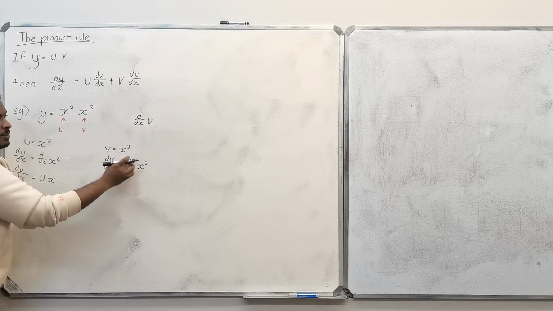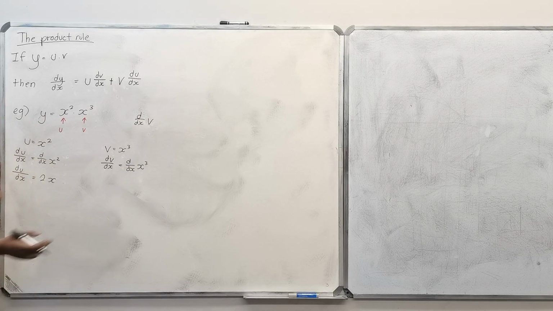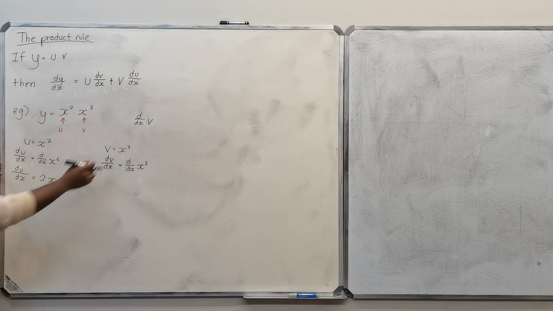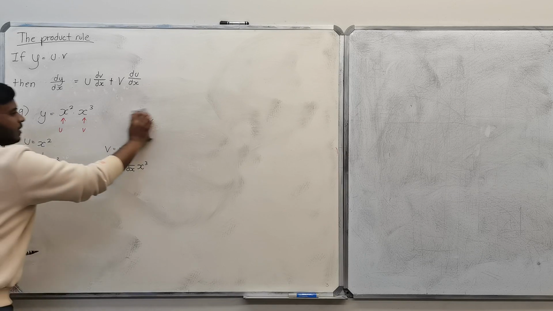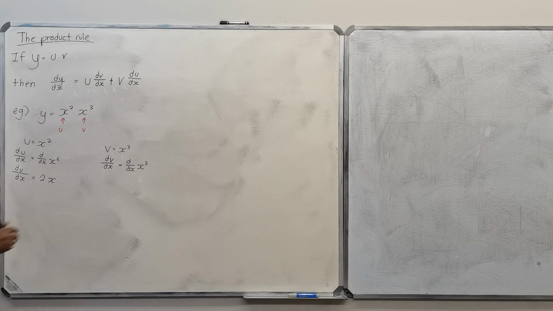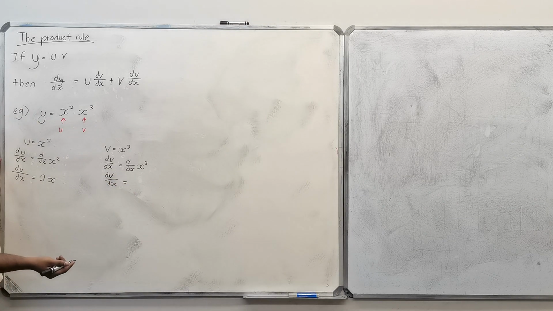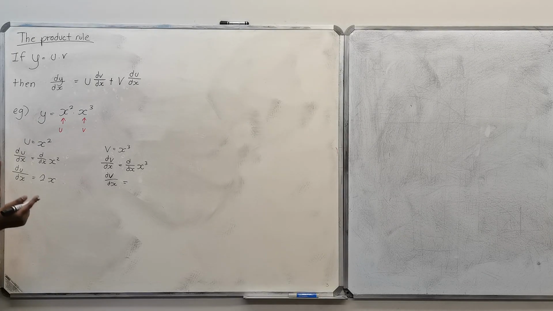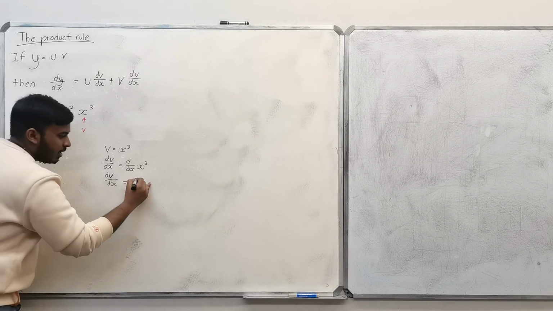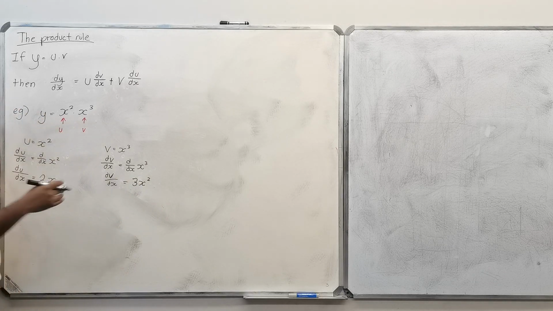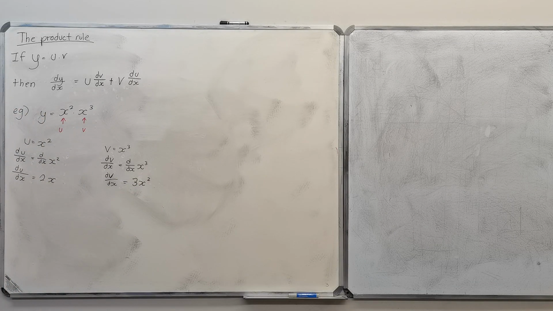This part here is basically me substituting x cubed for v, because I said v is equal to x cubed. It's me deriving. So dv over dx is equal to 3x squared, which is 3 times x to the power 3 minus 1.